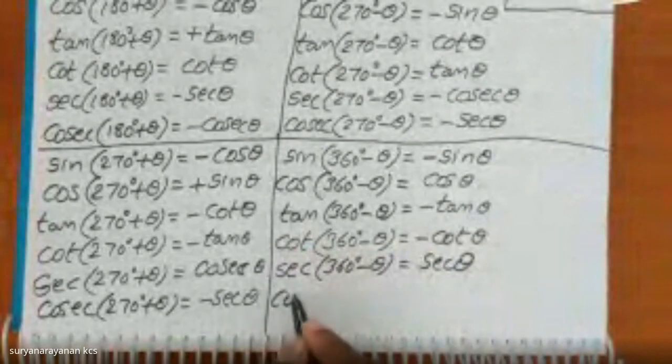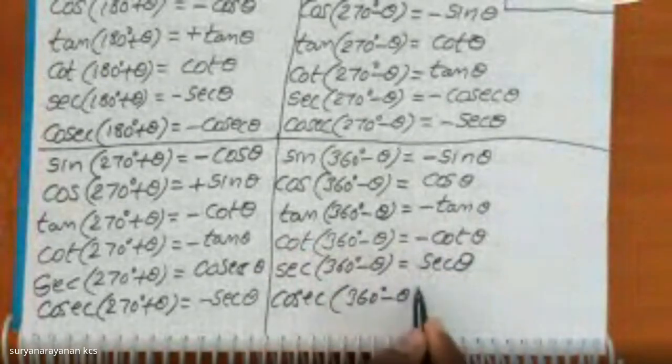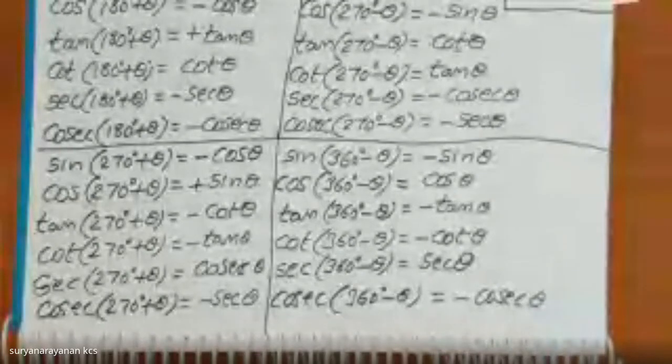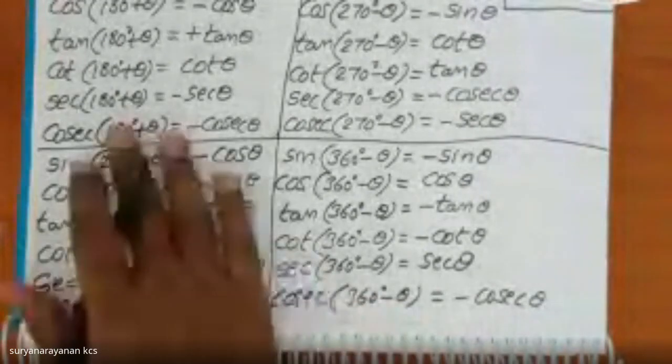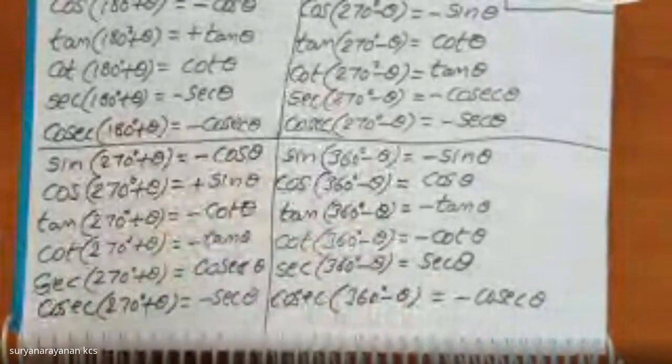And finally, cosecant 360 degrees minus theta. Yes, minus cosecant theta. Very good, my dear Ria. Very good, Percy. Okay, my dear children, like this you have to find the values of trigonometric functions.